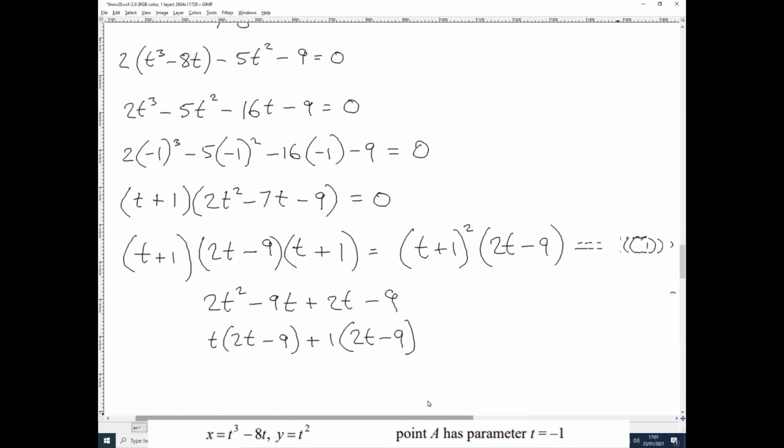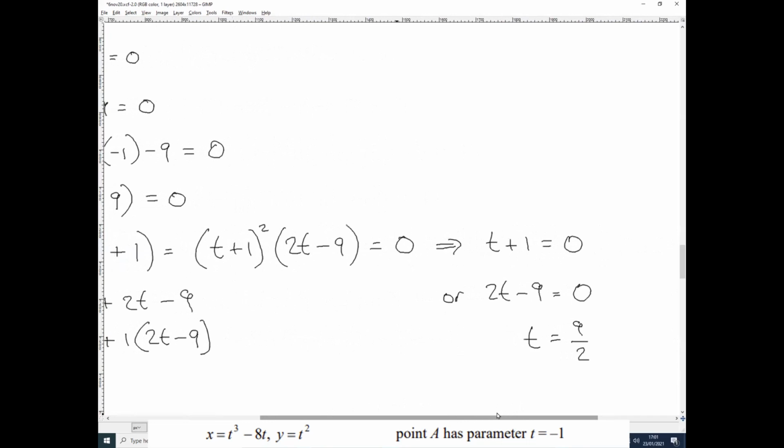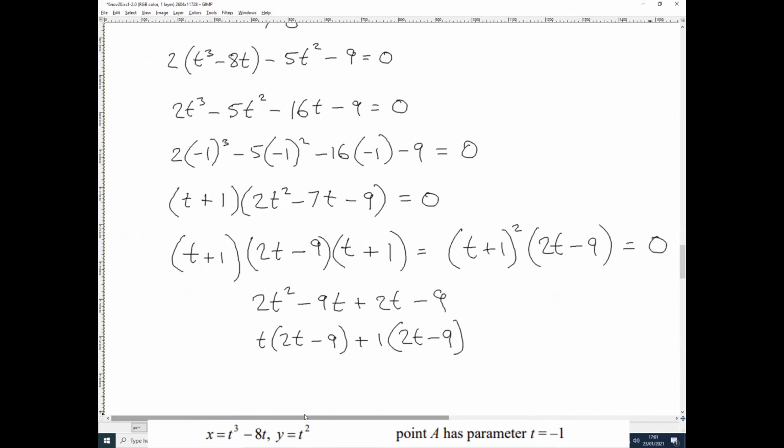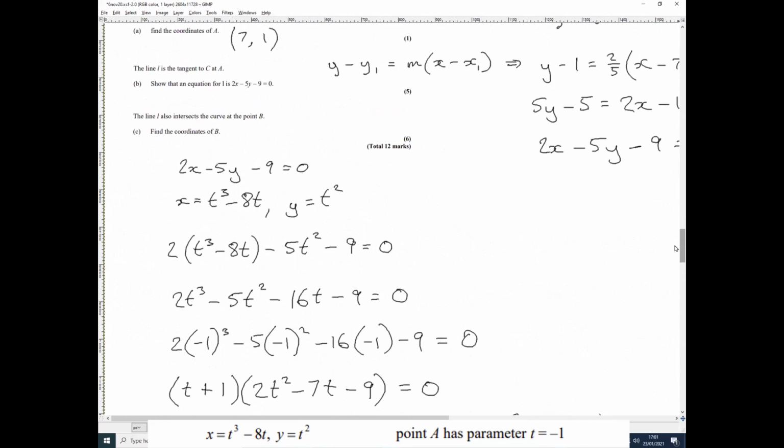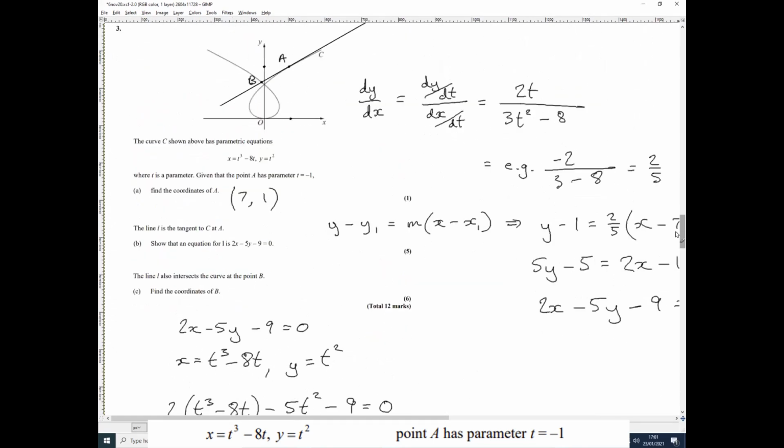Excellent. So if t is 9 over 2, and they wanted to know what? The coordinates of B. So then you would substitute 9 over 2.